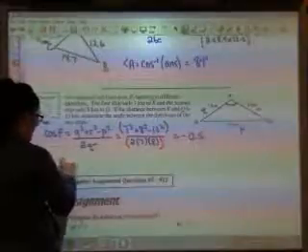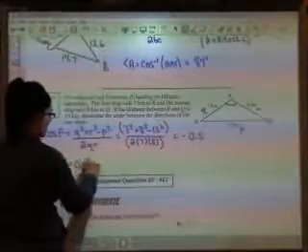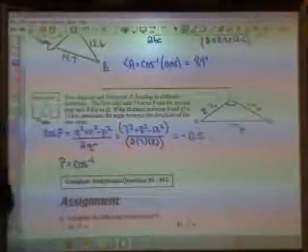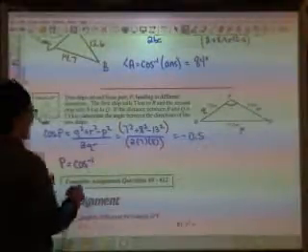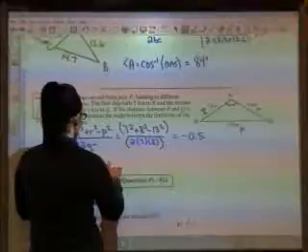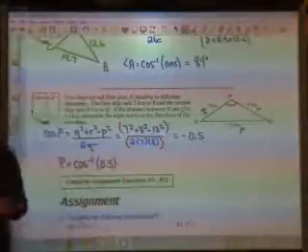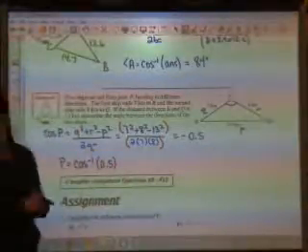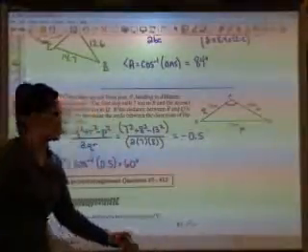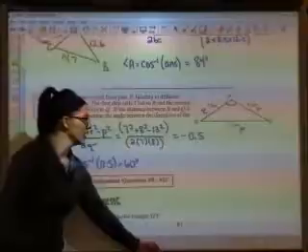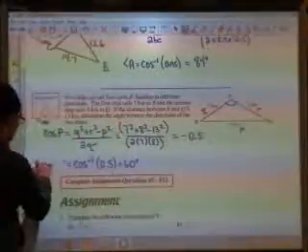So then to figure out angle P, I cos inverse that. Now, when I go to cos inverse that, I want to cos inverse this with a positive 0.5, which is going to give me 60 degrees. This is no longer angle P. This is now the reference angle.